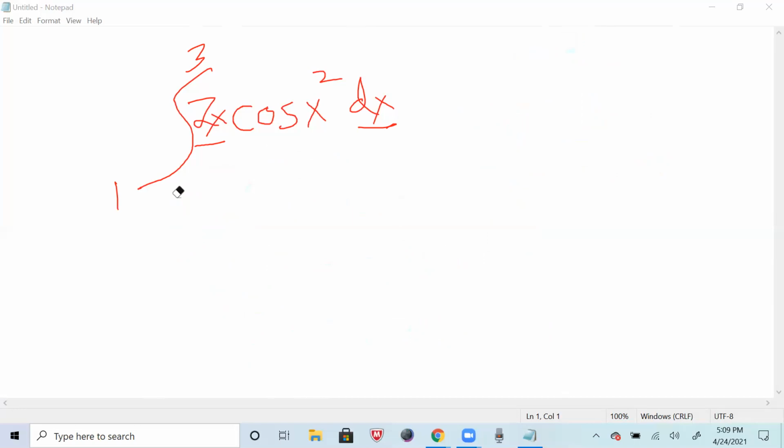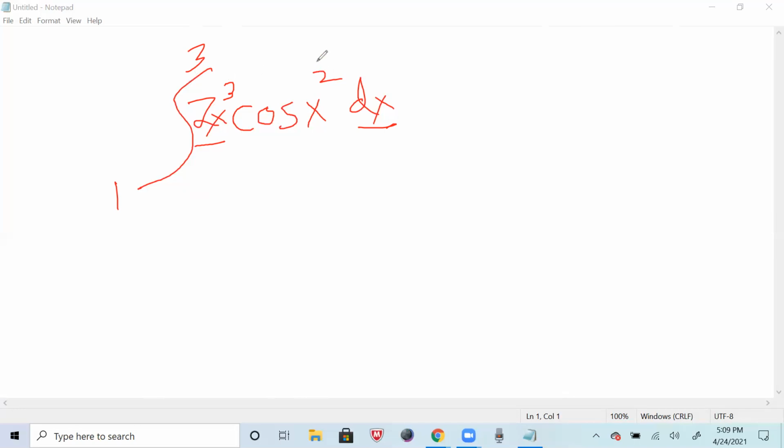In other words, because the inside is x squared, the derivative of that is 2x. Mm-hmm. And I've got 2x as a multiplier. If I change this to 2x cubed, I can't use U-substitution anymore. It won't work. Huh.